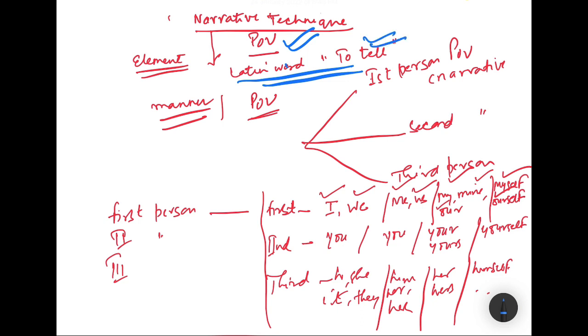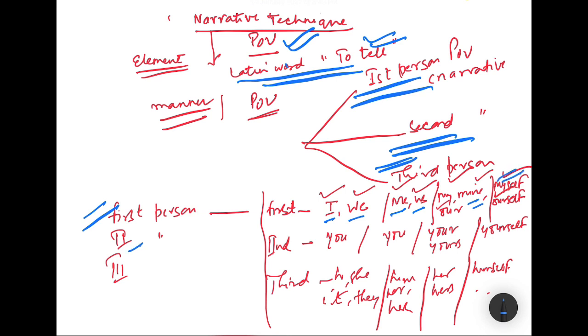I told you there are three kinds of points of view: first person, second person, and third person. And when you are going to judge what kind of point of view or narrative is there, if it is first person, in the subjective form we'll have I and we. In the objective form we'll have me, us. Similarly, we'll have a reflexive pronoun. In second person and third person, I told you we'll have the presence of all these pronouns.